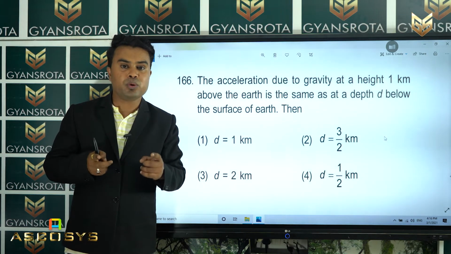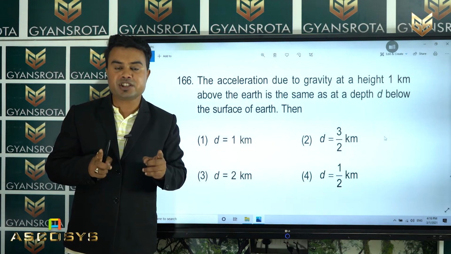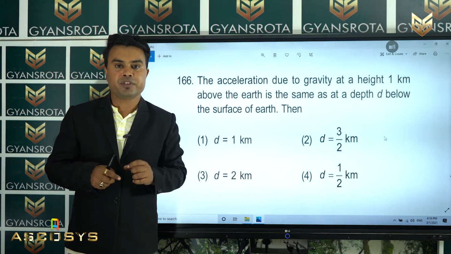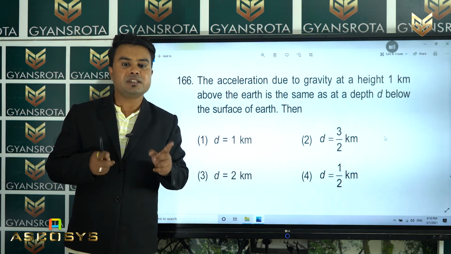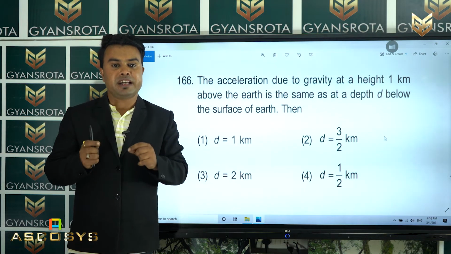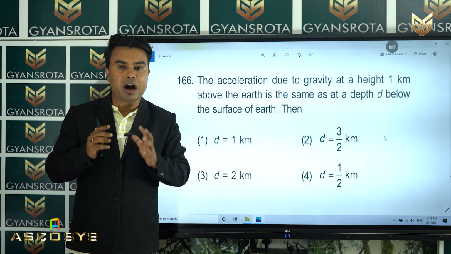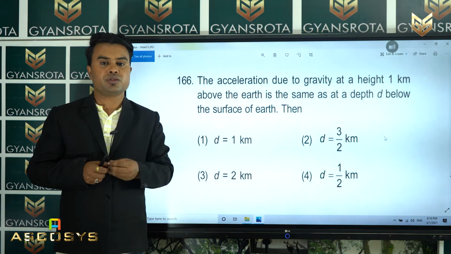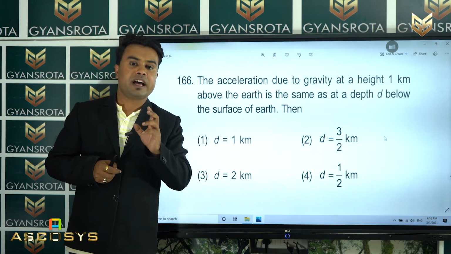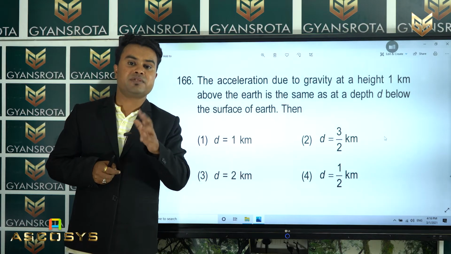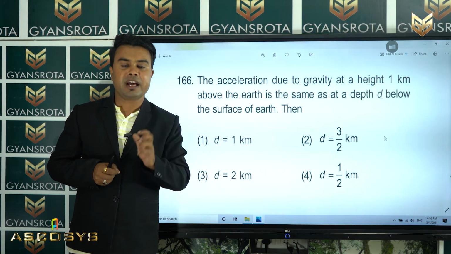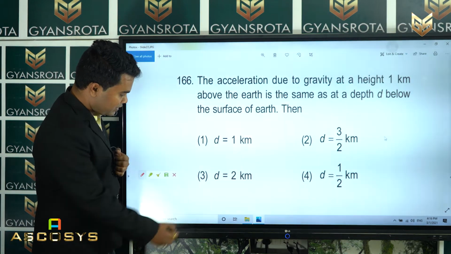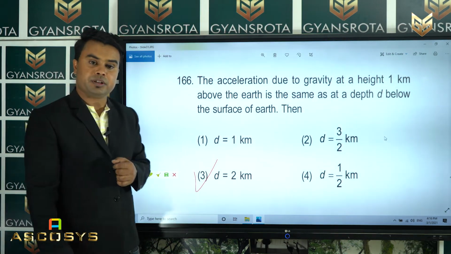If you know both expressions from the chapter gravitation, you just have to equate them by keeping the height as 1 kilometer. When you equate that, you will see that the depth D will come out to be 2 kilometer in this question. So you need to use the formula for acceleration due to gravity, its variation with height and depth. So option 3 is the correct answer. That is D equals 2 kilometer you will get.